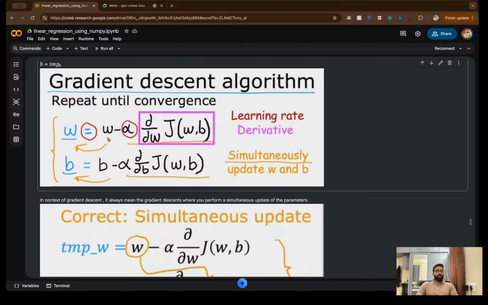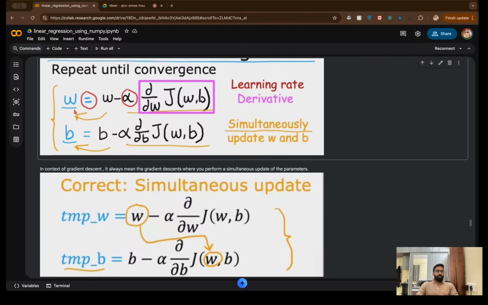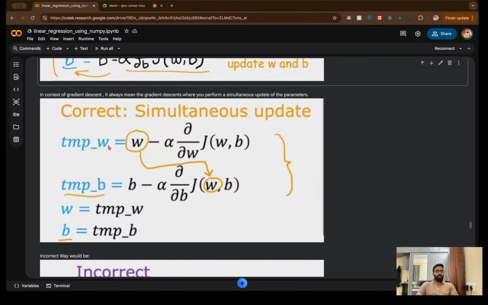So w is equal to w minus alpha dJ by dw of J(w,b), and b is equal to b minus alpha dJ by db of J(w,b). As you can see in this formula itself, w is used again. So I will create temp w equal to w minus alpha dJ by dw of J(w,b), and temp b equal to b minus alpha dJ by db of J(w,b).